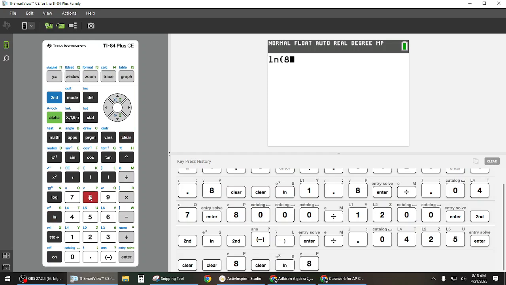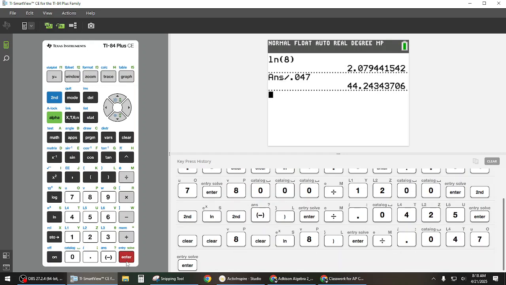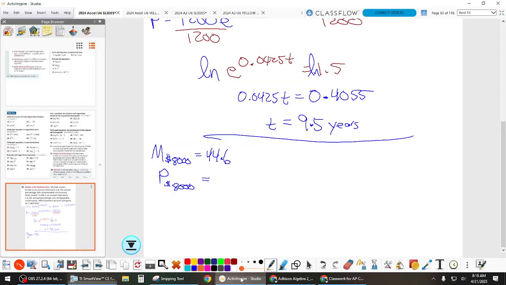Natural log of 8. 0.0475. Alright. I got 44.6 and 44.2 years. What it took to get to $8,000.